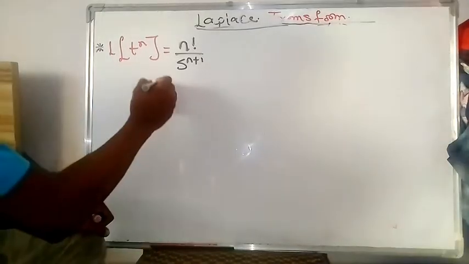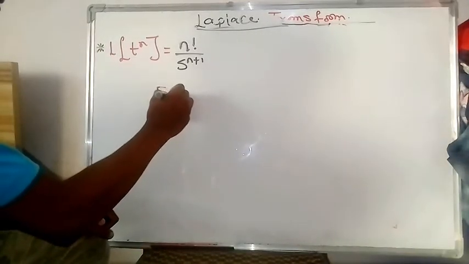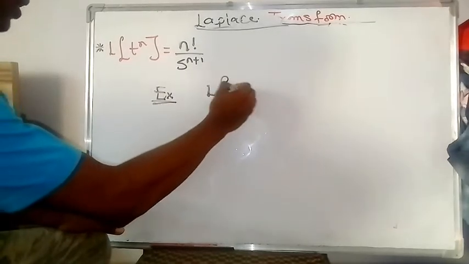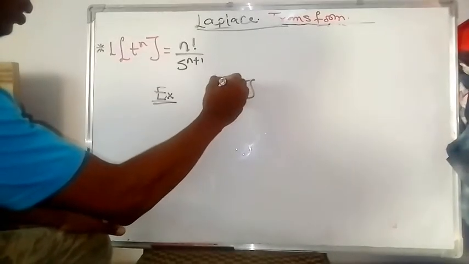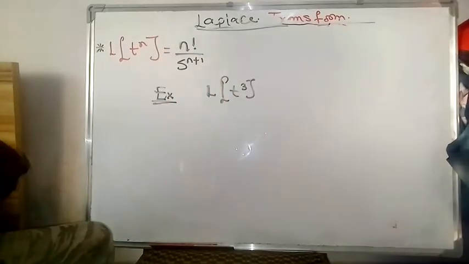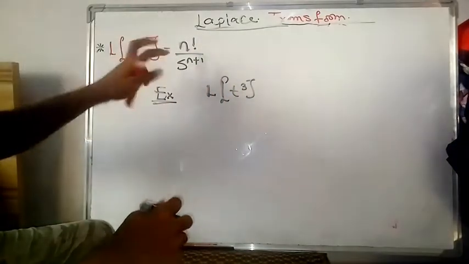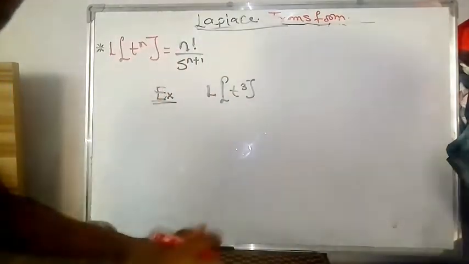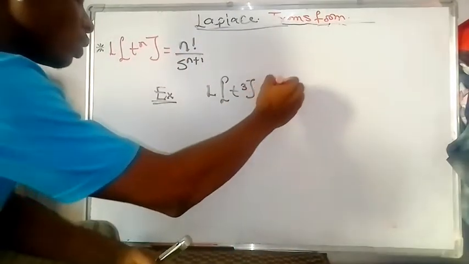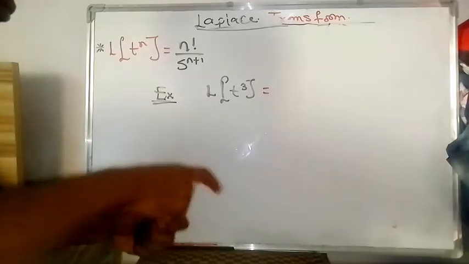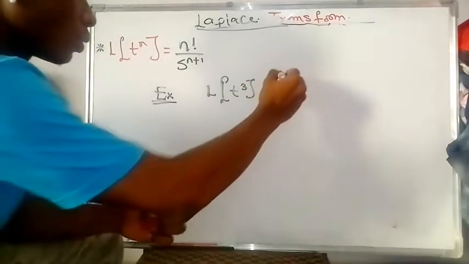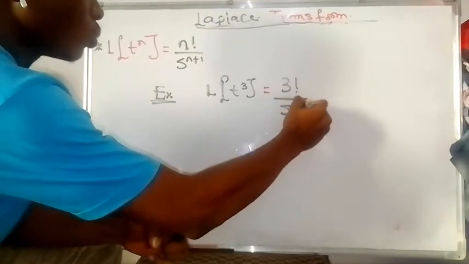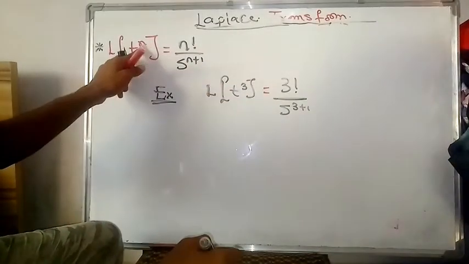So now example 1: find the Laplace of t raised to power 3. Very easy. Since the Laplace of t raised to power n is n factorial divided by s raised to power n plus 1, the Laplace of t raised to power 3 is 3 factorial divided by s raised to power 3 plus 1, where n is equal to 3.